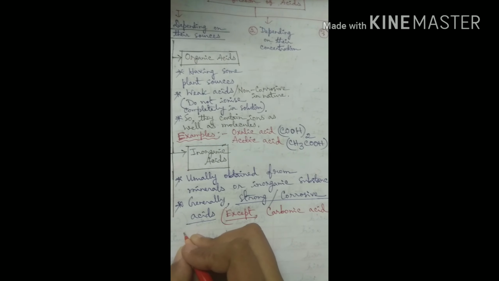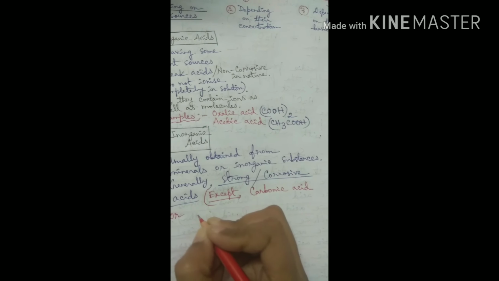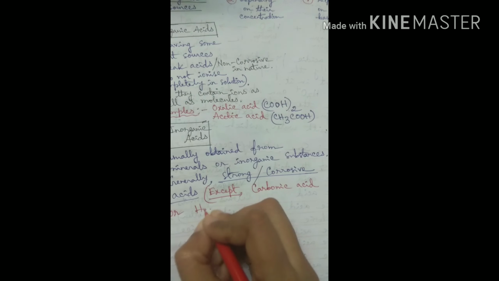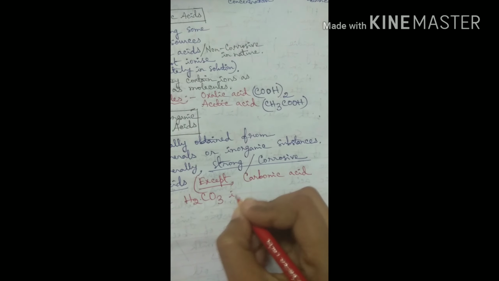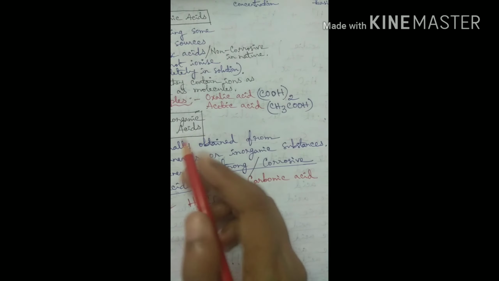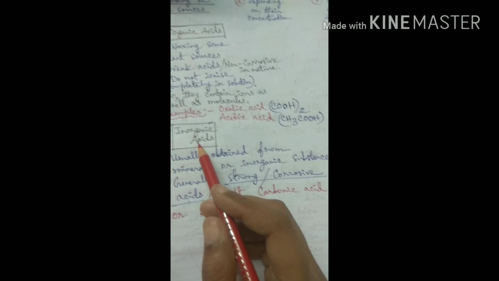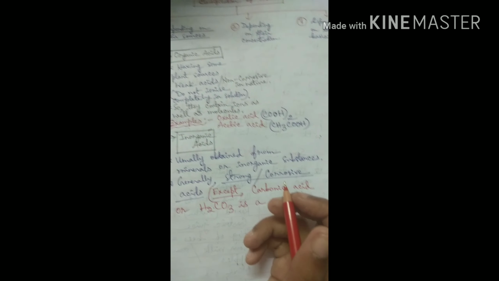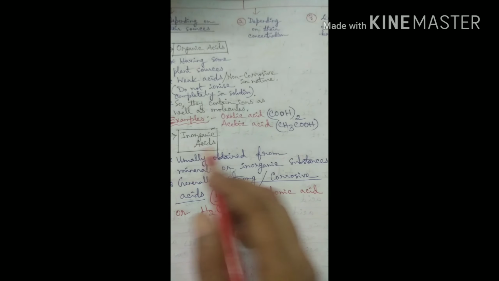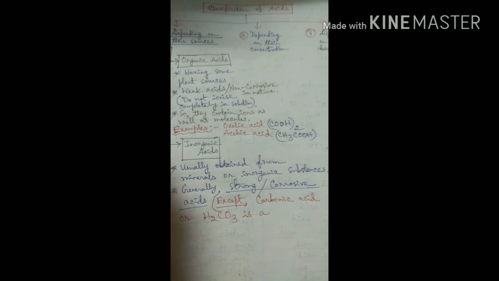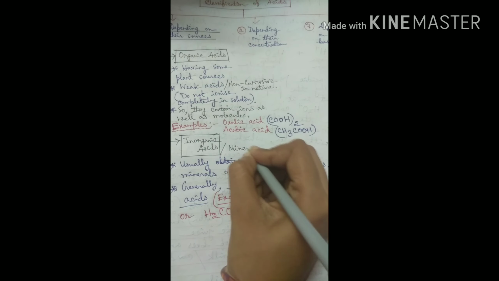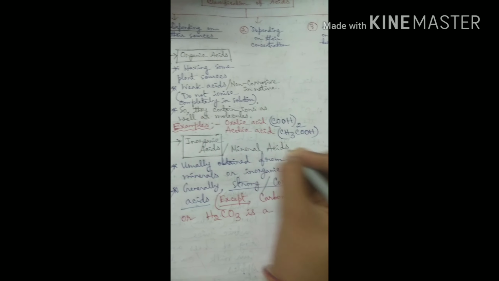Carbonic acid, whose molecular formula is H2CO3, is, by the way, an inorganic acid. Inorganic acids are also known as mineral acids.